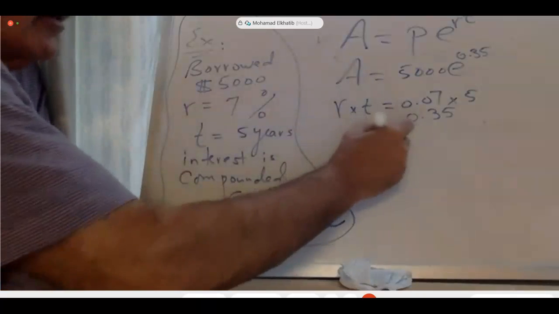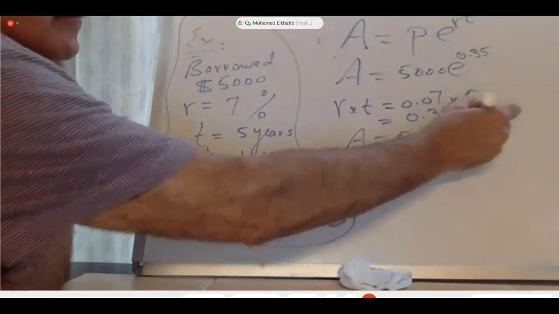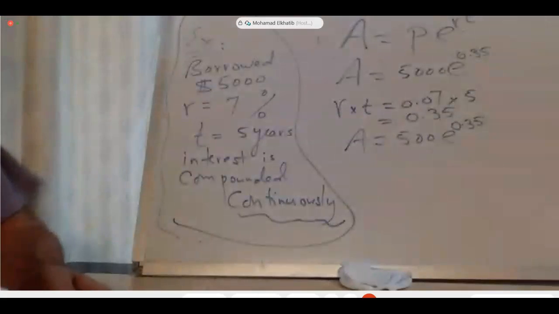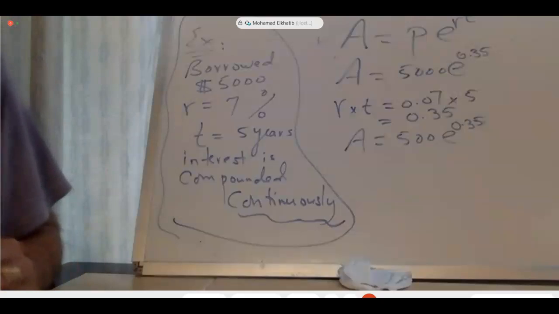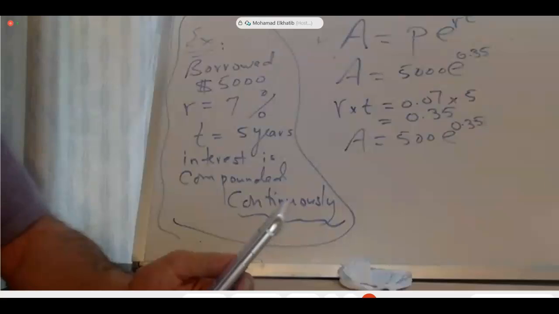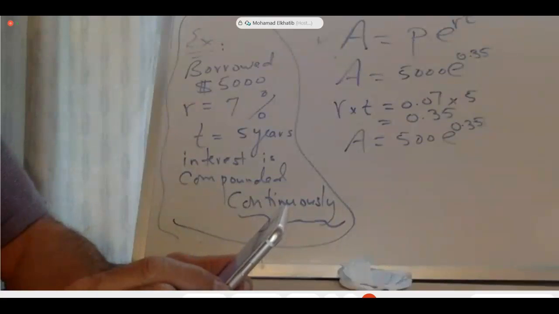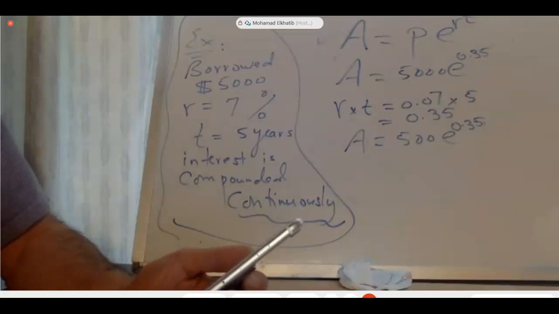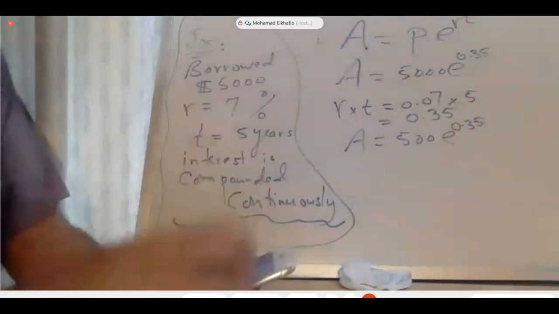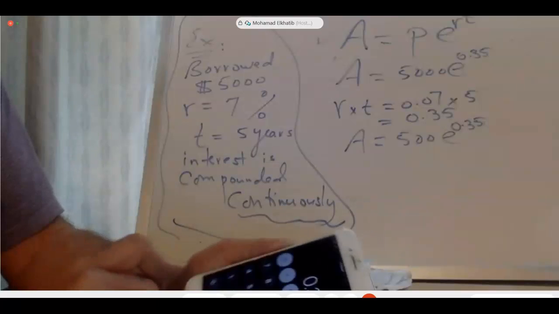Now on the calculator, we need to find the value of this. Okay, so have your calculator ready, everybody, to show you how to find that value. So first of all, you've got to find e to the power 0.35. So you press 0.35.